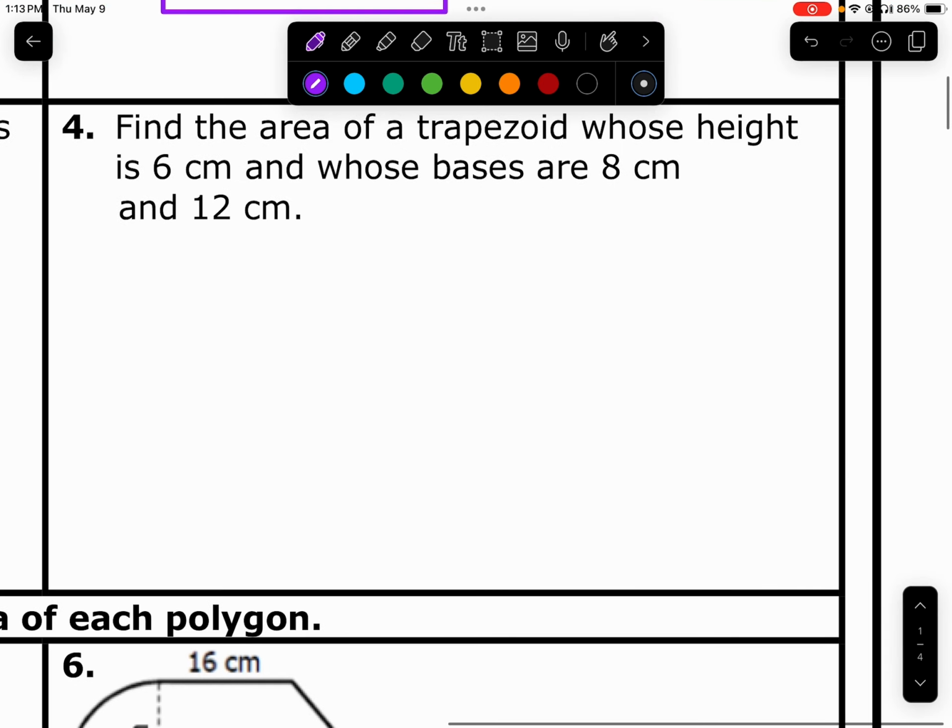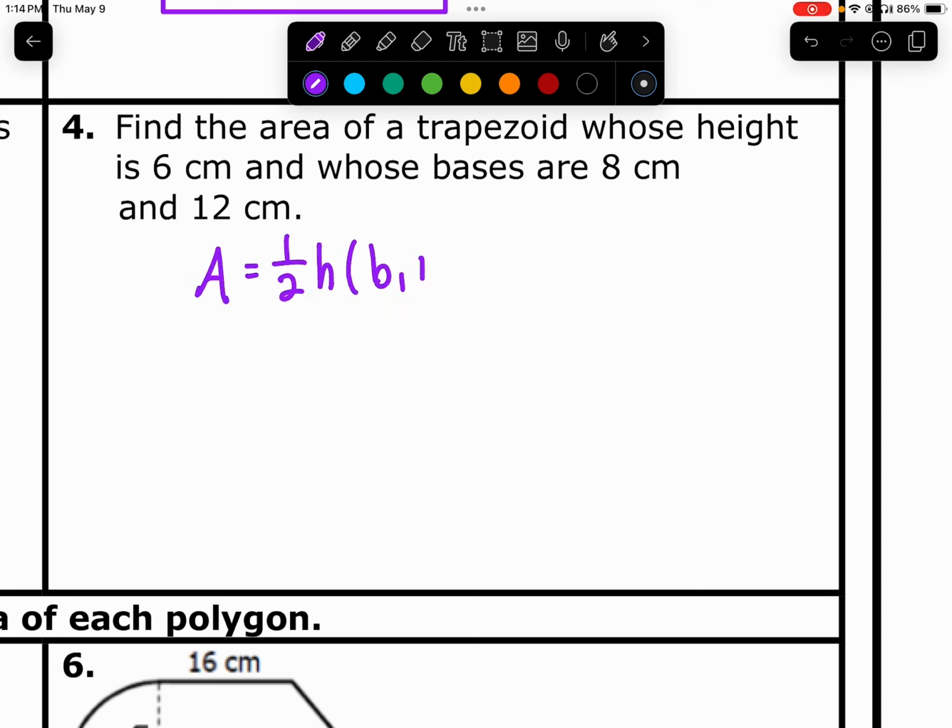Number 4, find the area of a trapezoid whose height is 6 centimeters and whose bases are 8 centimeters and 12 centimeters. So area of a trapezoid would be 1/2 times the height times the sum of the bases. So that'll be 1/2, and the height is 6, and the bases are 8 and 12.